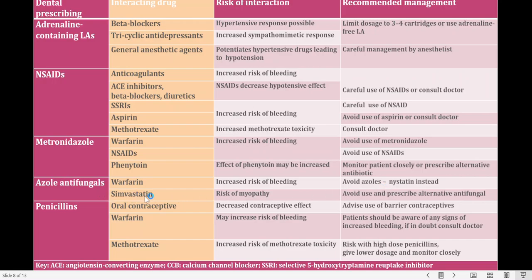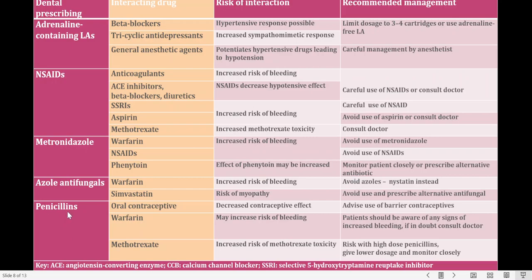Azole antifungals also interact with simvastatin, which is used for patients with hyperlipidemia, and some cases were reported, and these were associated with myopathy. Therefore, these should be avoided, and an alternative antifungal should be prescribed.